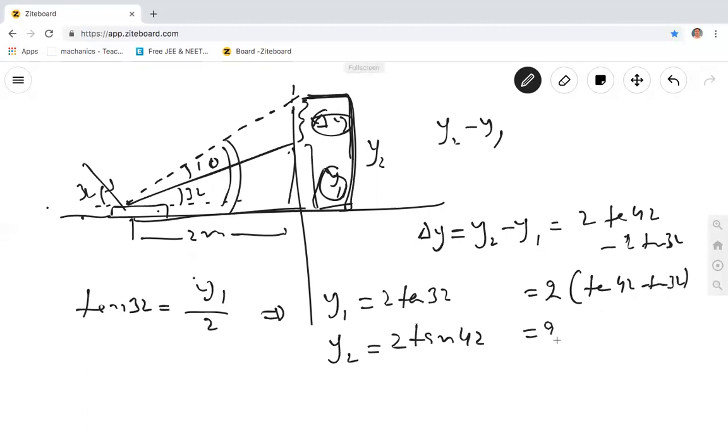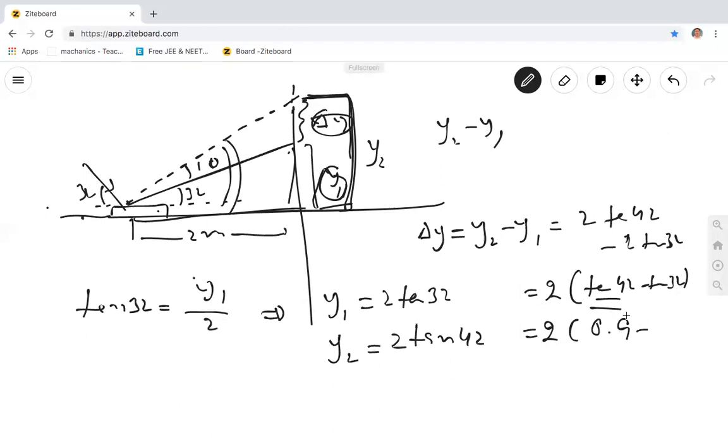Find these values. What's tan 42? Use your calculator. It is 0.9.